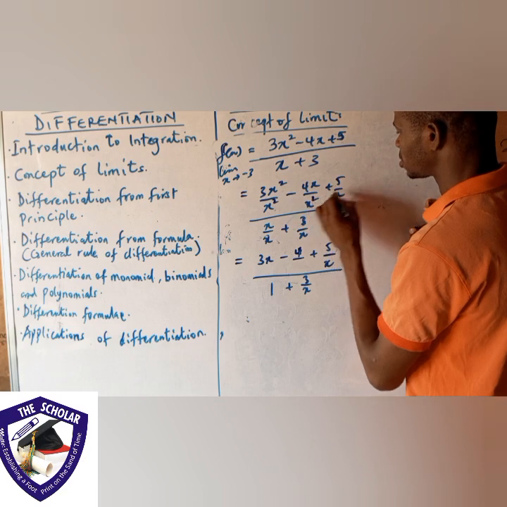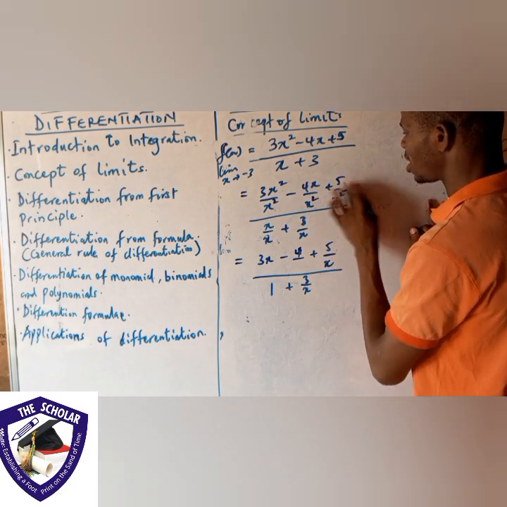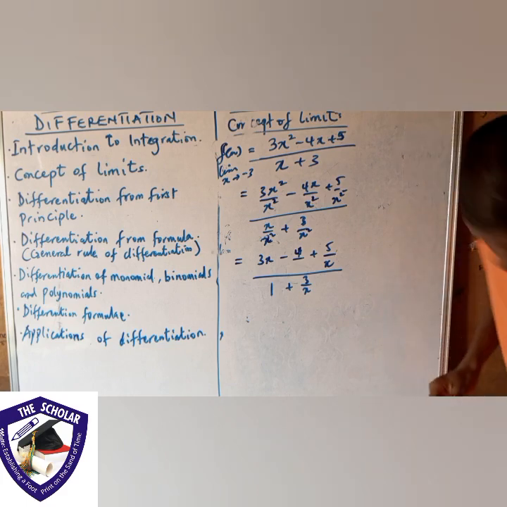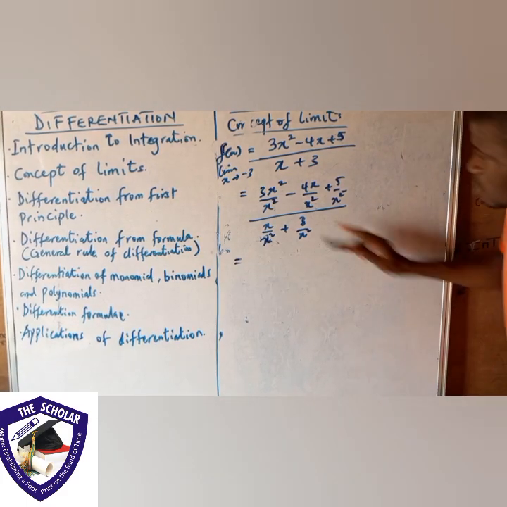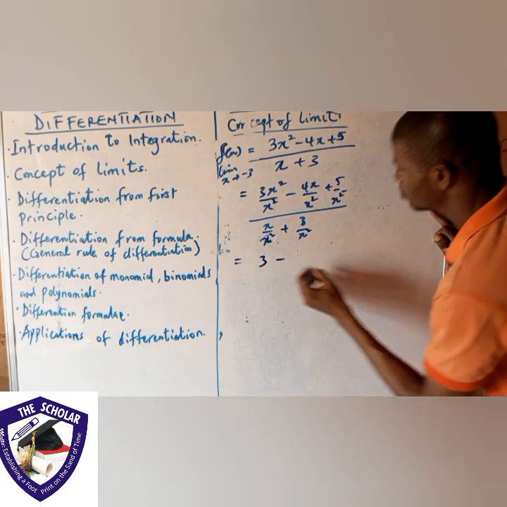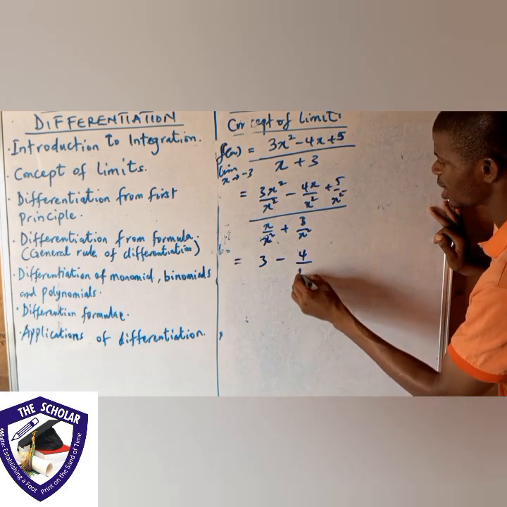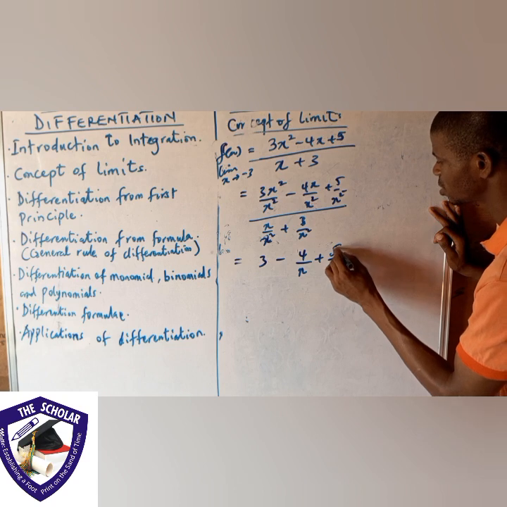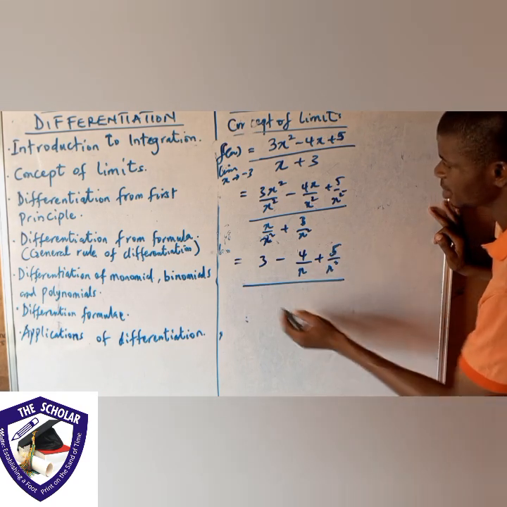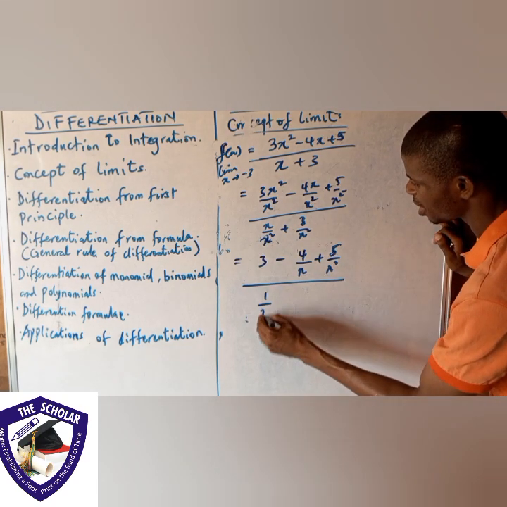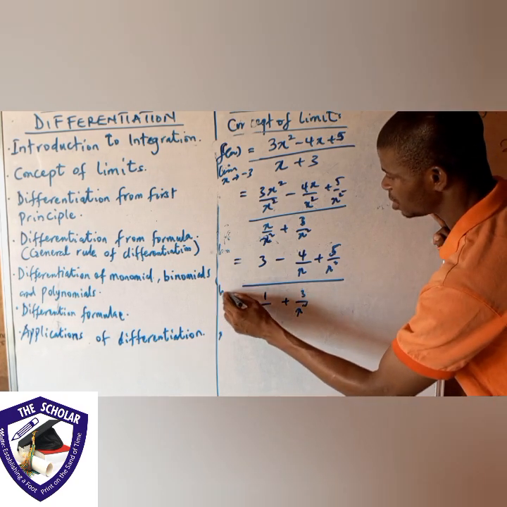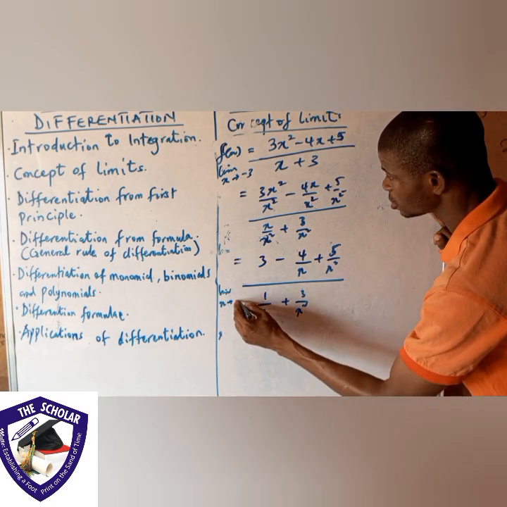So this one will remain 3 minus 4 over x plus 5 over x squared, divided by 1 over x plus 3 over x squared, limit x tends to minus 3.